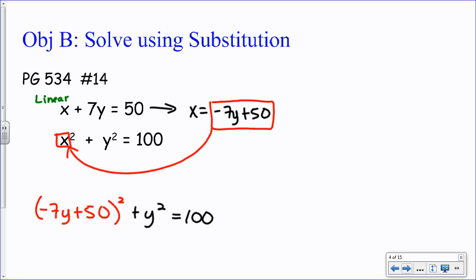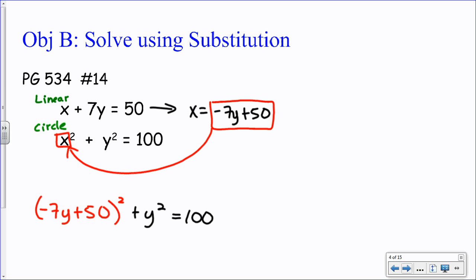So quadratics have a squared term, but only one of the terms is squared. This has x squared and y squared. So what would this one be? We have graphed these. Circle. Yes, a circle. Okay, so a line and a circle, I know it can intersect 2 times, 1 time, or 0 times. So I'm going to think about that as I solve.